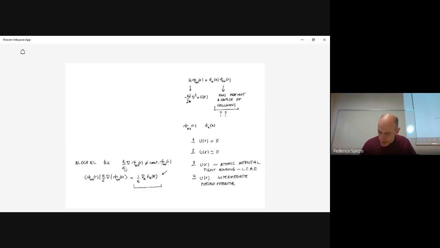So in this case, we will also consider core electrons, so electrons that are strongly bound to the ion. Okay, so I will now start with just a short review of these two pictures.